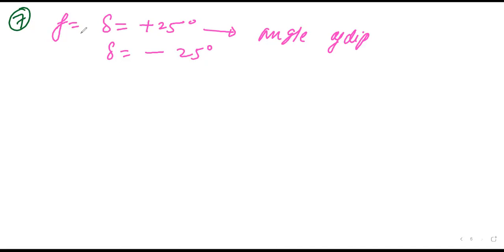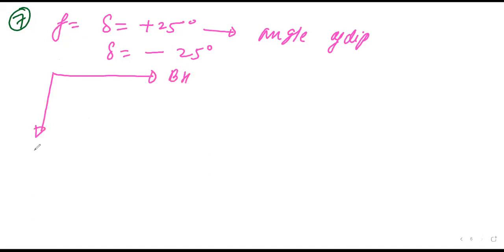The angle of dip is the angle between the Earth's resultant magnetic field and the horizontal. The angle of dip is 0 at the equator and positive in the northern hemisphere. The angle of dip is related to the horizontal and vertical components of the magnetic field.